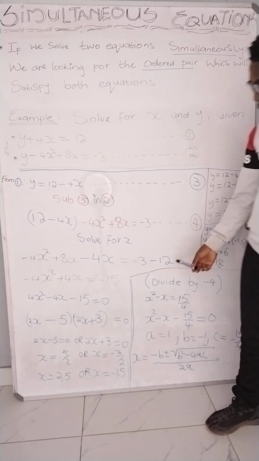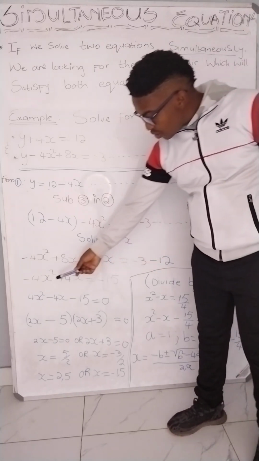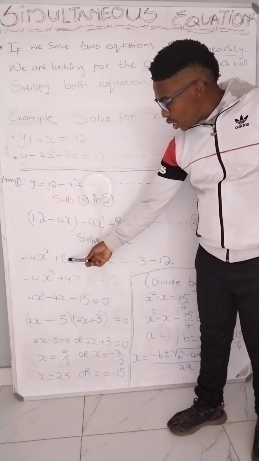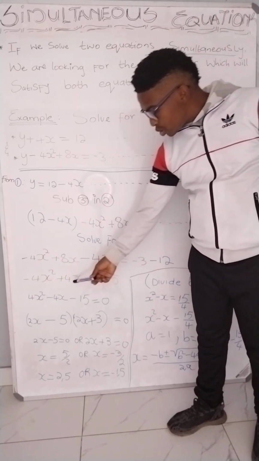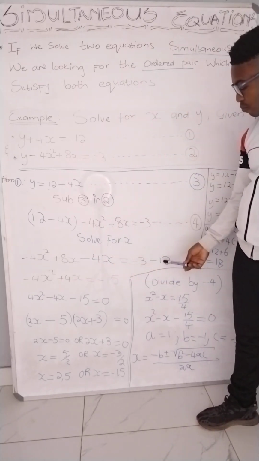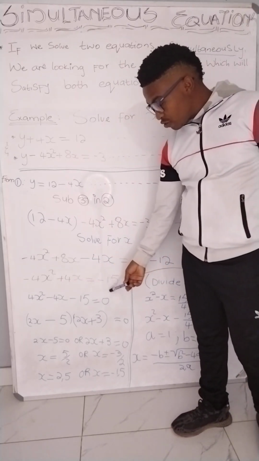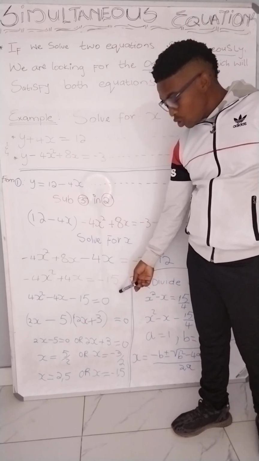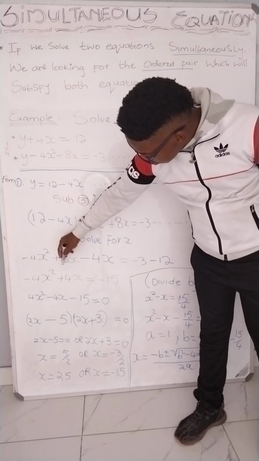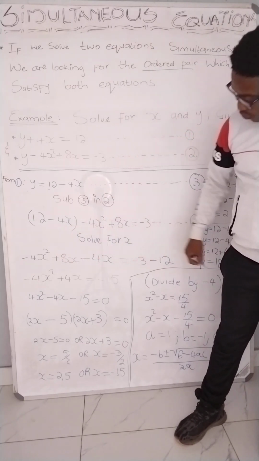Okay. Now, when you simplify it further, then you have negative 4x squared, and then 8x minus 4x becomes positive 4x, which is equal to minus 3 minus 12, you get minus 15. Okay. Right, you have combined these two friends and these two friends.